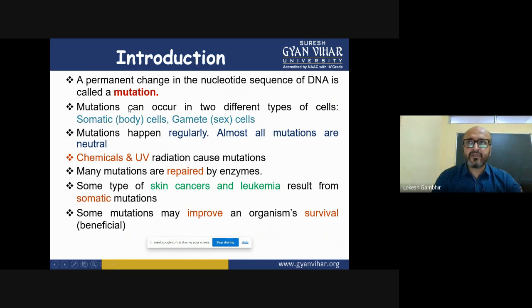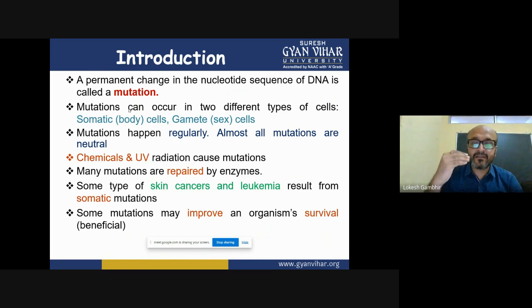Now, why are we talking about mutations, and what are their consequences? While studying the gene and genome, we had a clear understanding that 97% is non-coding and 3% is coding. Suppose a permanent change happens in the coding region in such a manner that it distorts the expression; then the phenotypic appearance of that mutation will be seen.